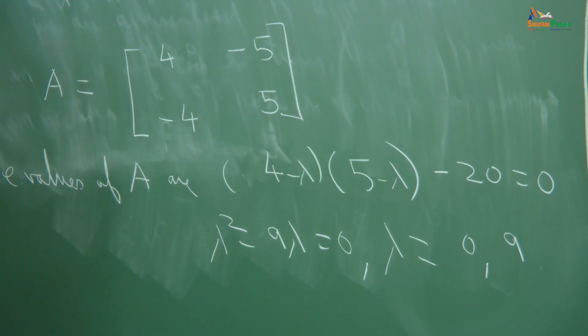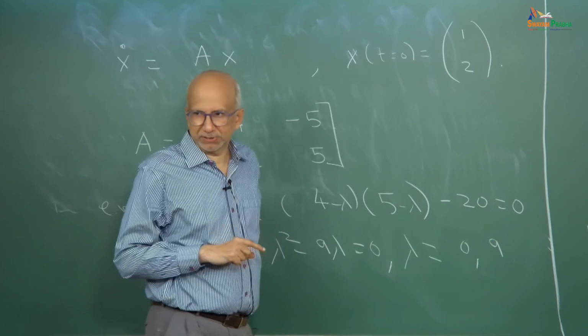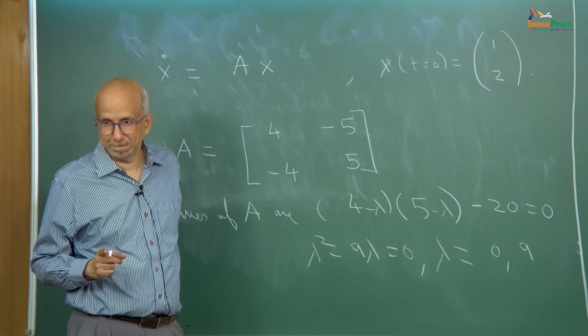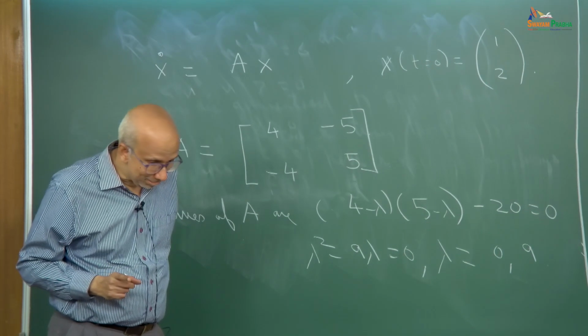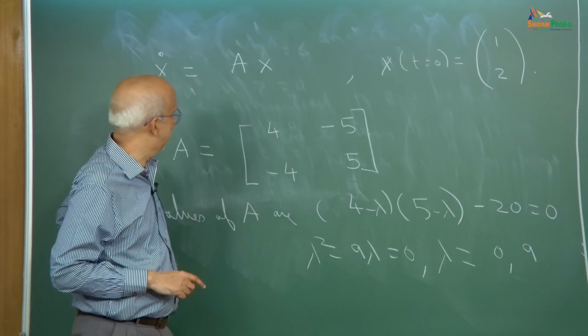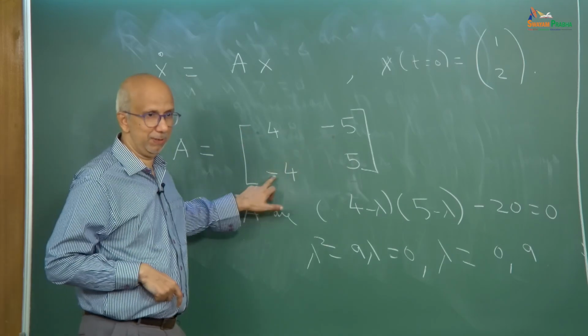Actually, I made a mistake here. You know what the mistake is? I'll tell you what the mistake is at the end, okay. What's the mistake? Anybody? Rows are dependent, there is nothing wrong with that. In a real problem, this will be minus, this will be plus, this will be plus, this will be minus, okay.